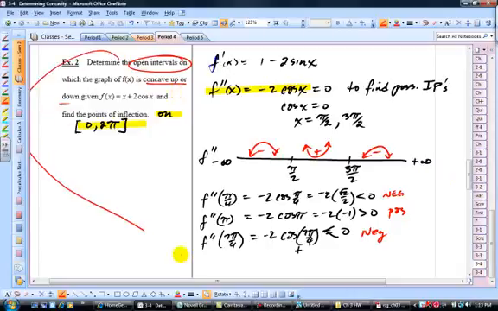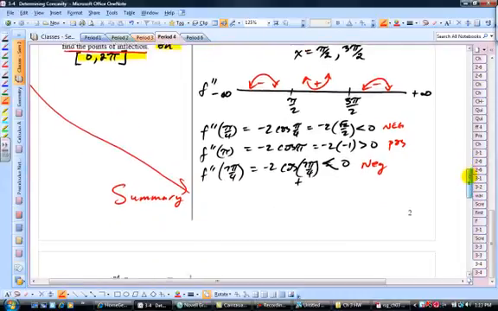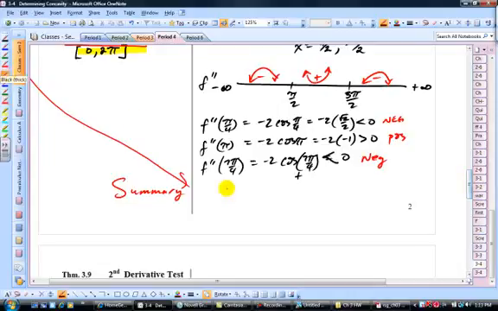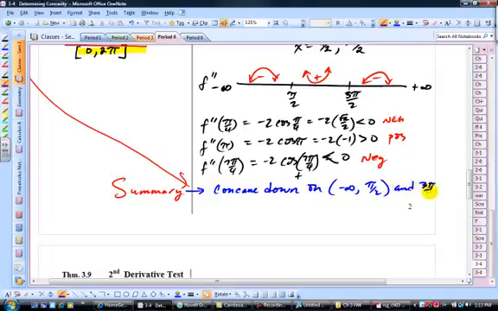Okay, let's do a little summary here, and then let's also find the inflection points. It's concave down on 2 intervals: on negative infinity to pi halves, and from 3 pi halves to positive infinity.